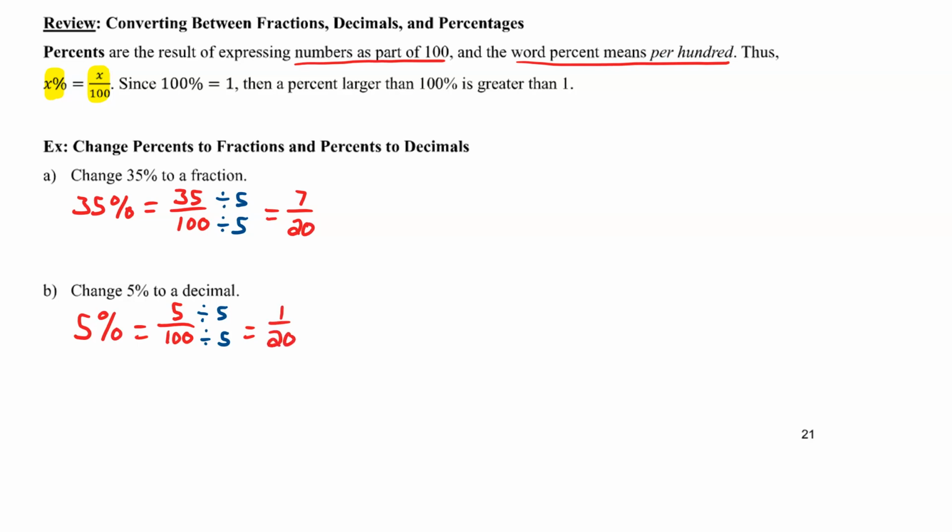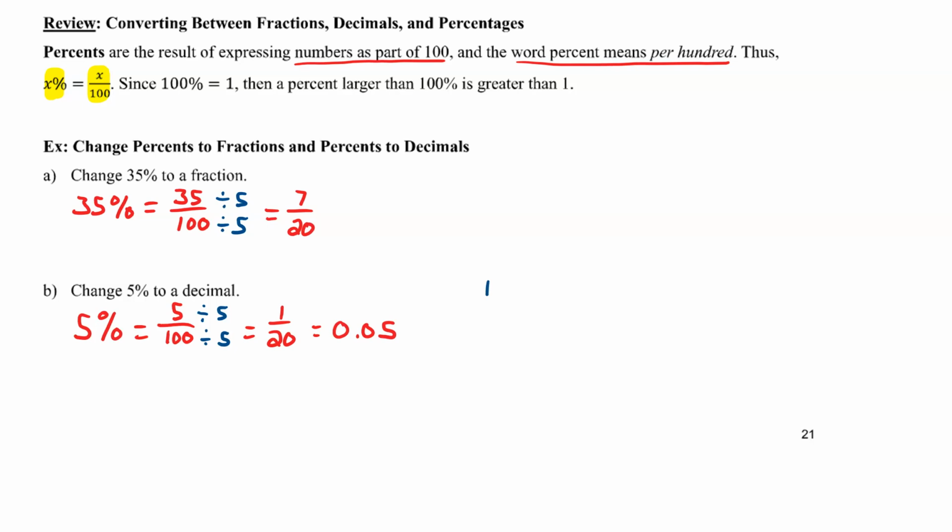However, this problem wants it as a decimal. So if we calculate 1 divided by 20, we're going to get a decimal value of 0.05.